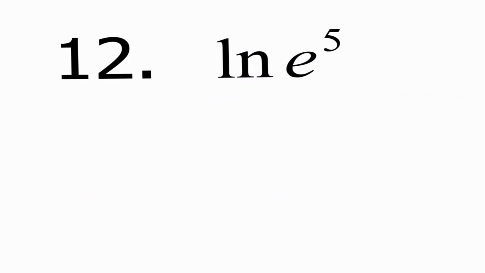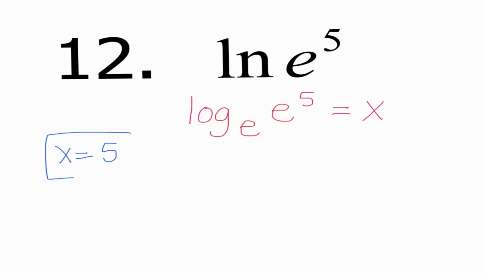Number 12, we have ln. So the first thing that I might do until I get super comfortable with ln is write this as log base e because we know those are the same things. Now, once again, if I paid attention to those properties, I could say right away that x equals 5. Because we said if the base and this number are the same, then my answer is my exponent.